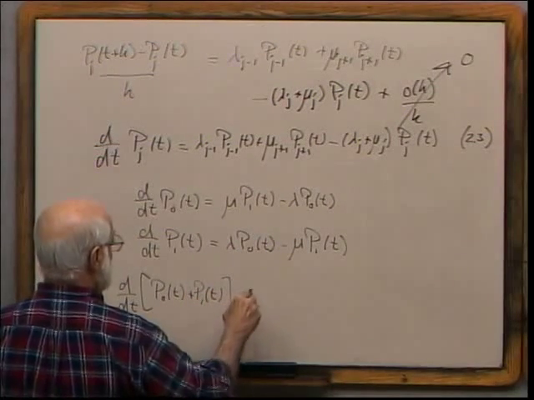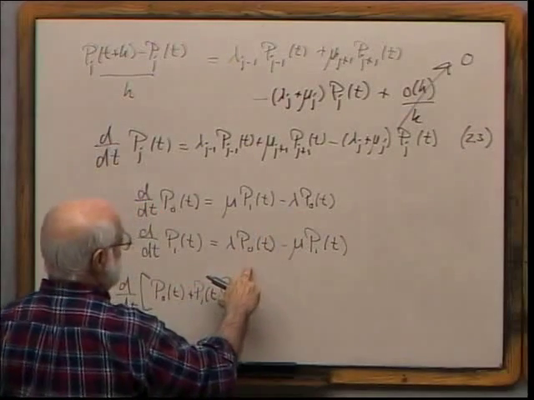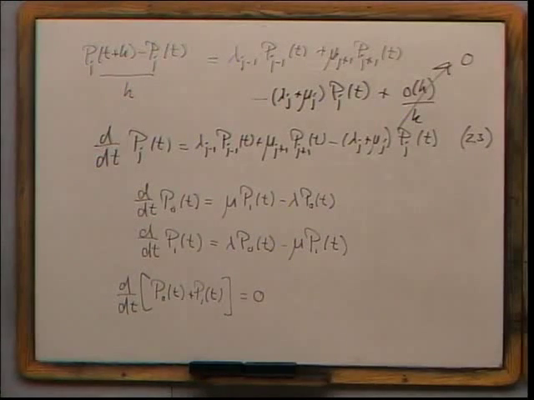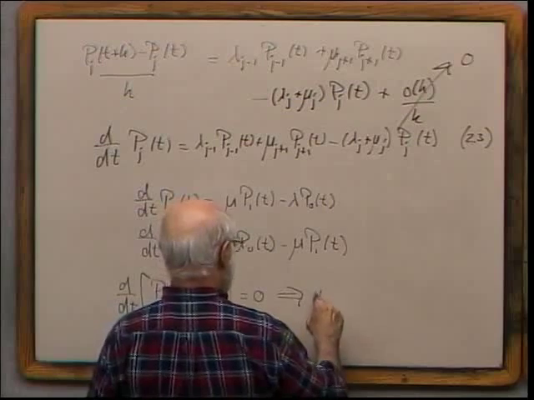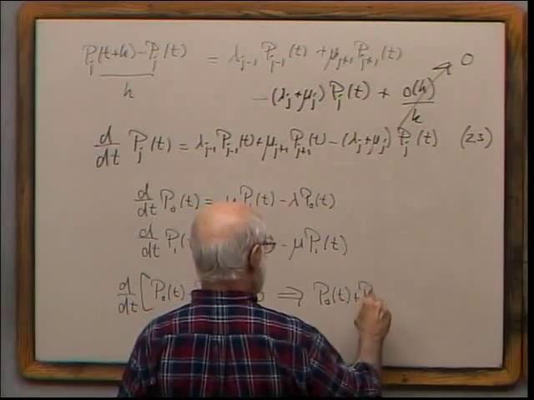When I add up the right-hand side, I see that that term cancels with that term, and so I get 0. But that implies that P0 of t plus P1 of t must equal a constant.